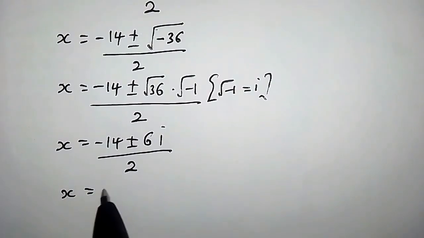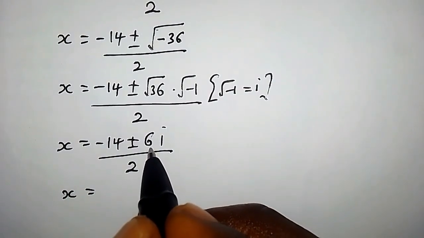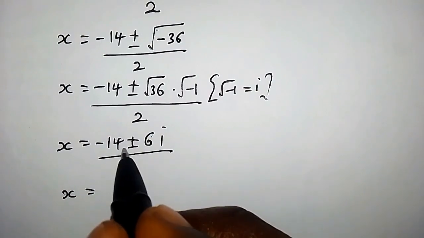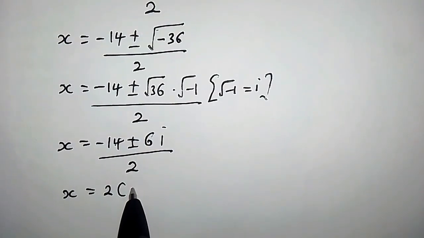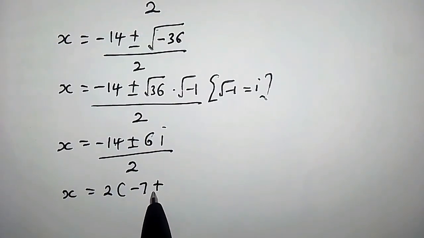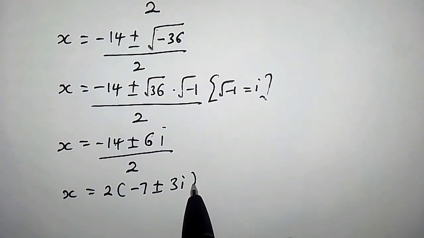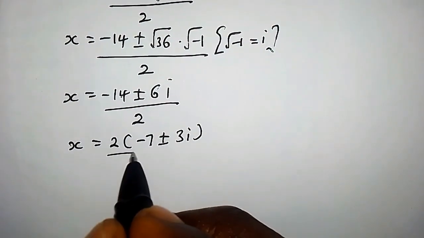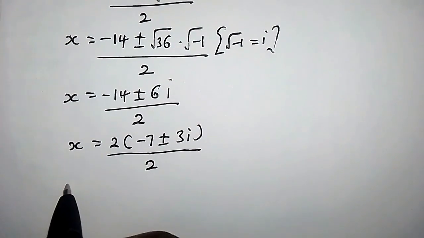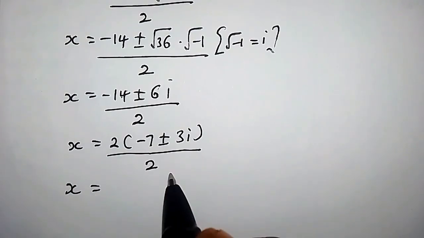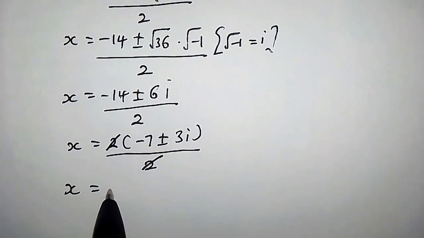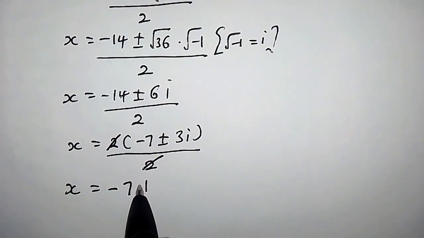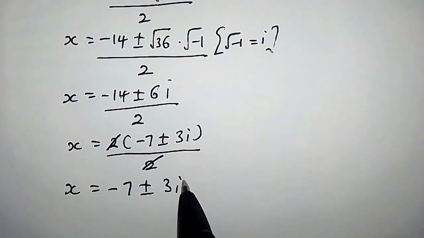It is possible to pull out 2 from this numerator, so that will be 2 times (minus 7 plus or minus 3i), divided by 2. Clearly 2 cancels 2, we are left with minus 7 plus or minus 3i.